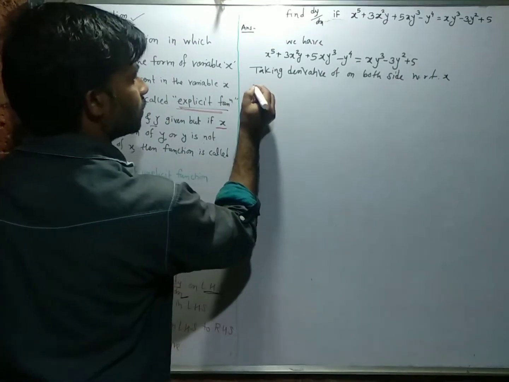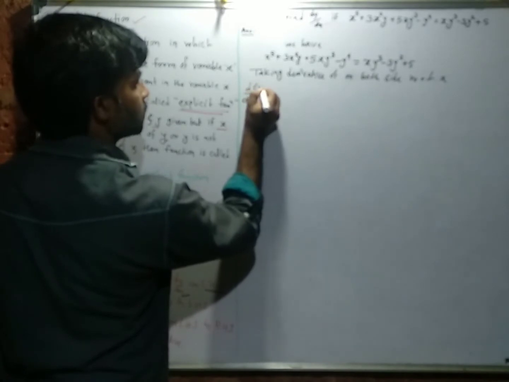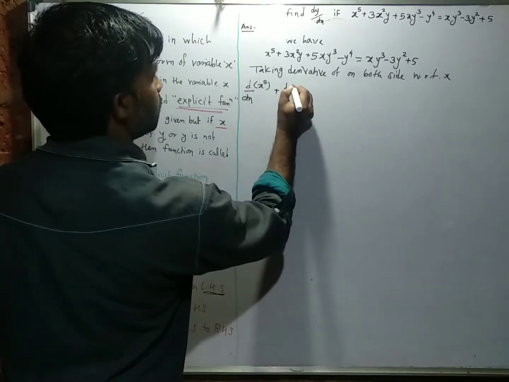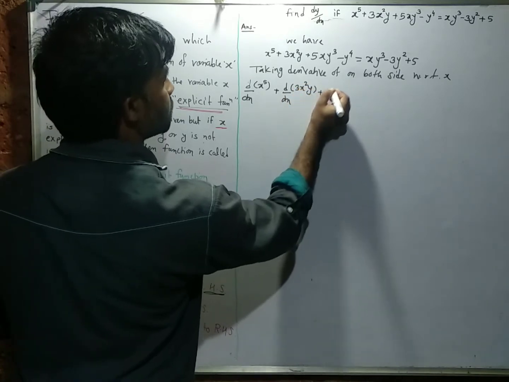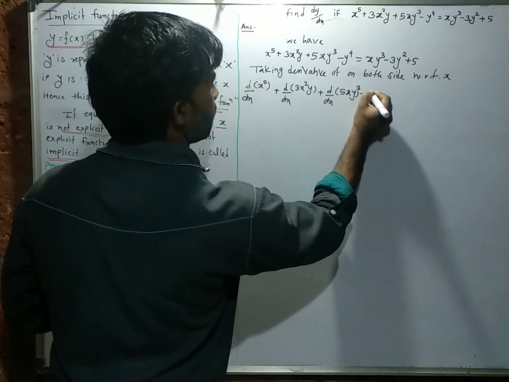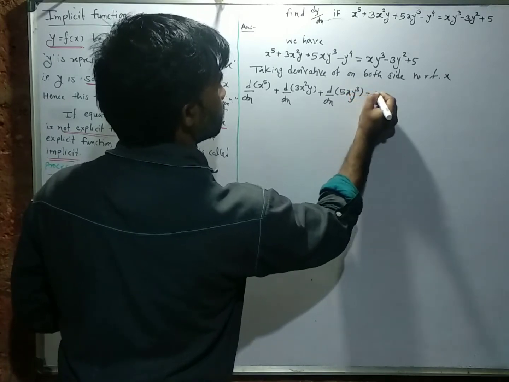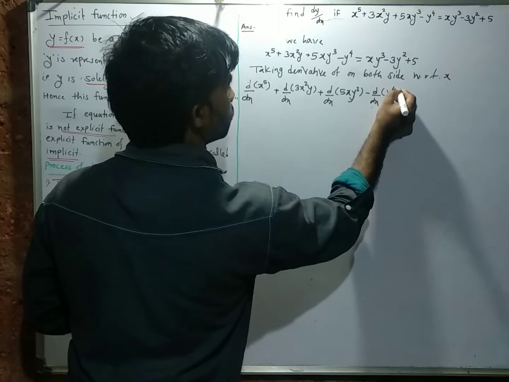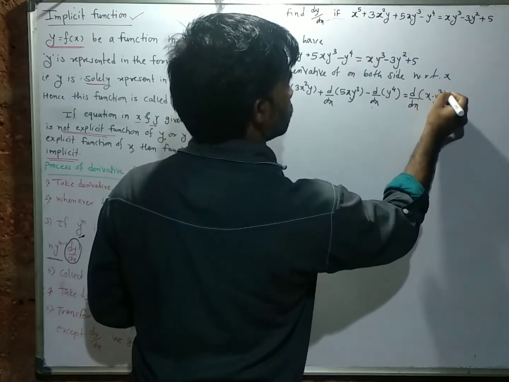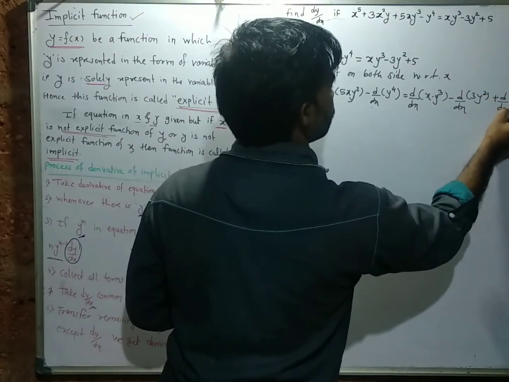Each term has to be differentiated here, and therefore d dx of x raised to 5, plus d dx of 3x square y, plus d dx of 5xy cube, minus d dx of y raised to 4, is equal to d dx of x into y cube, minus d dx of 3y square, plus d dx of 5.